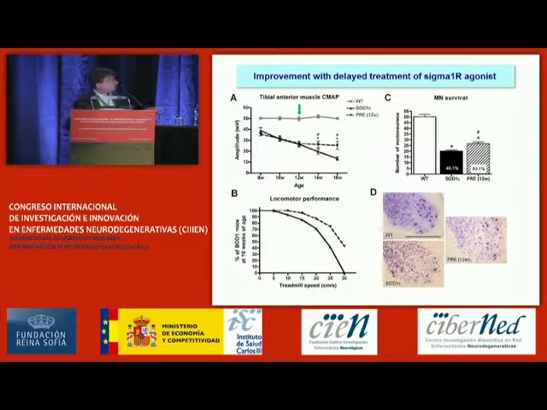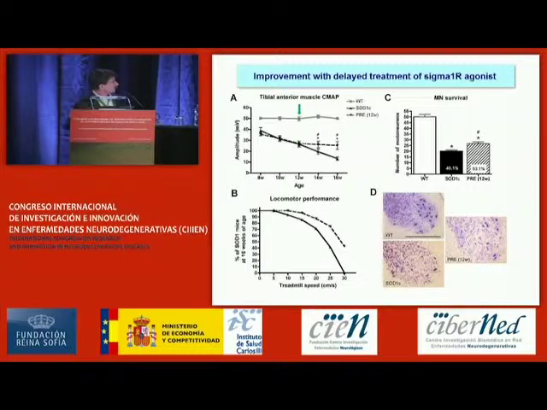Then we moved to treat another group of animals under the same regime with the same PRE-084 drug, but starting at a more advanced stage of the disease, 12 weeks of age, when there is really a decline in the locomotor performance and also in the amplitude of the muscle action potentials. We again found that there was protection, so the decline was stopped for the amplitude of the action potentials, and the animals continued to walk at certain speeds that the untreated animals were unable to do.